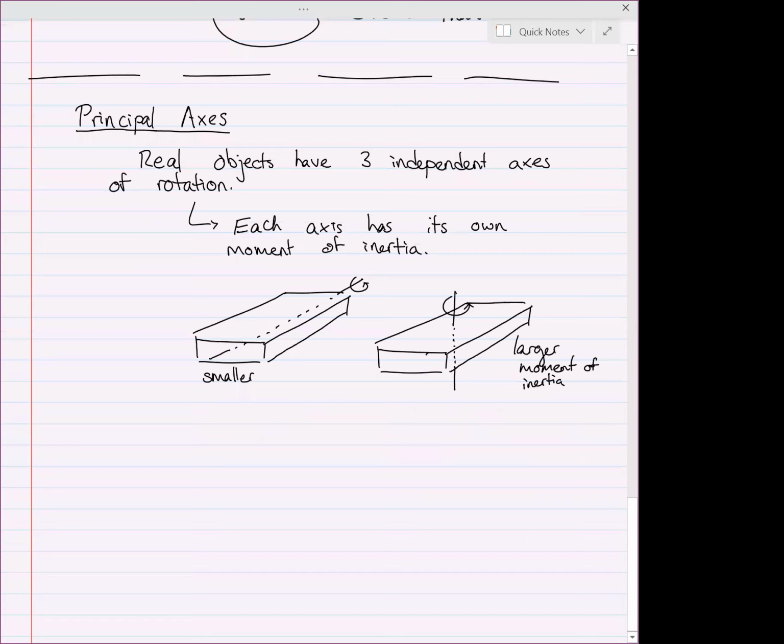And it turns out these very special axes are perpendicular to each other. These axes are called the principal axes.